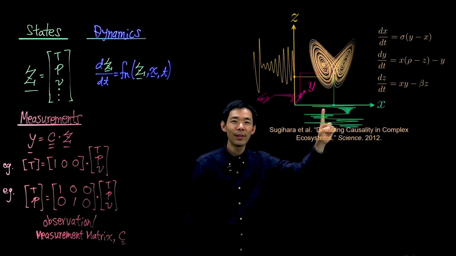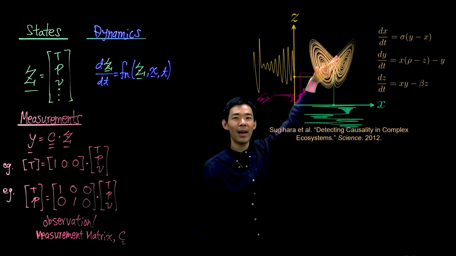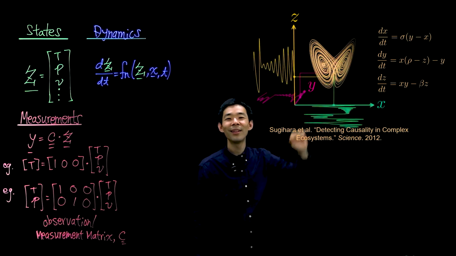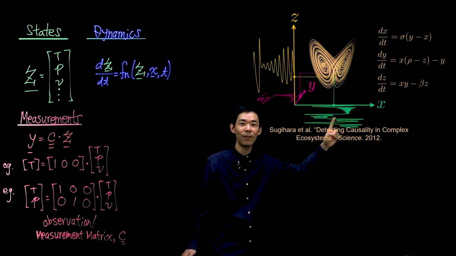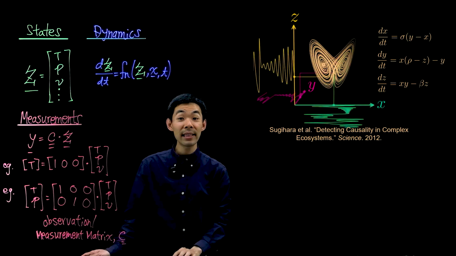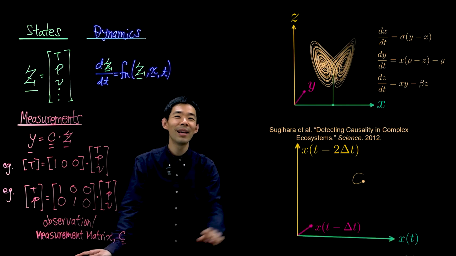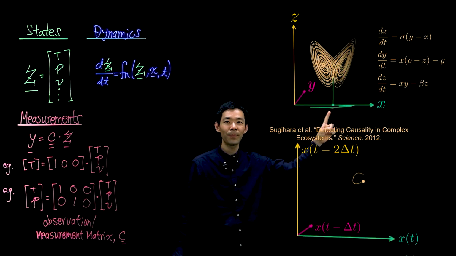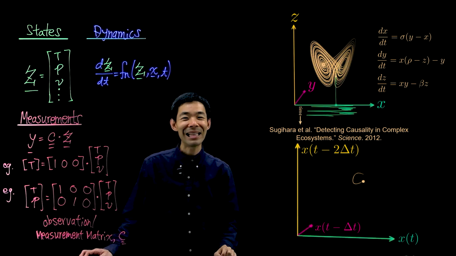So this squiggly signal you see over here is just a projection of this butterfly manifold wing onto the x-axis. So suppose you only had measurements of these guys right here along x, but you didn't have measurements of y and z. Well, it turns out that you can actually take those measurements of x right here and take two measurements of x in time.